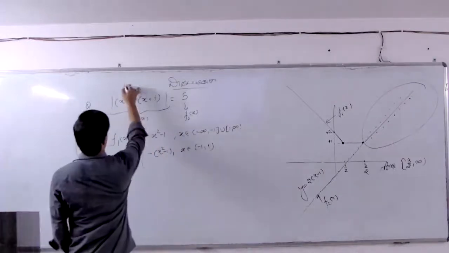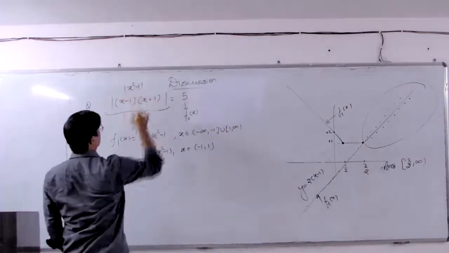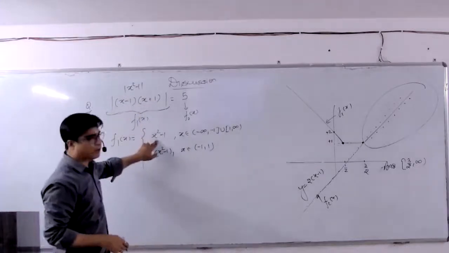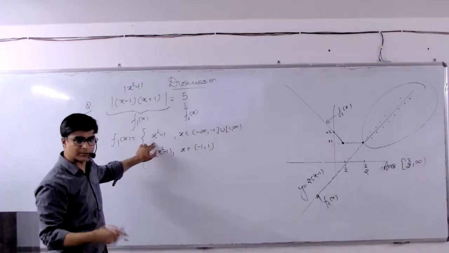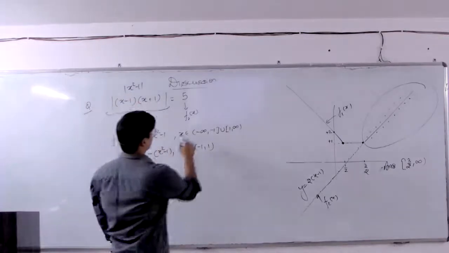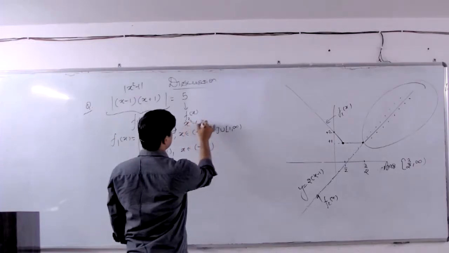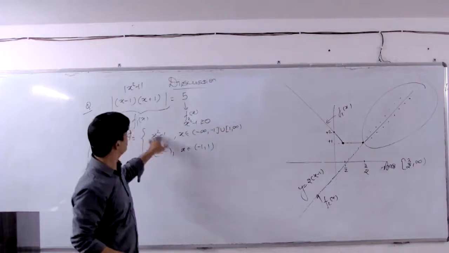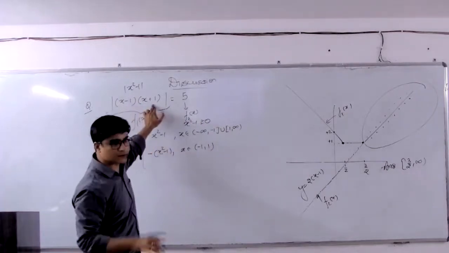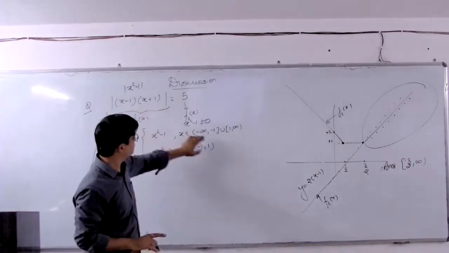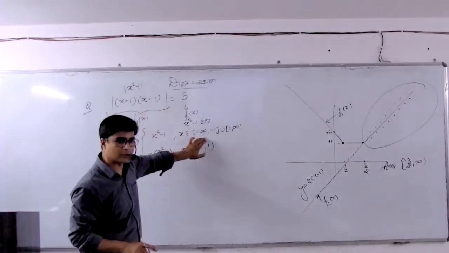See, this is nothing but mod of x square minus 1. We open the mod with the same sign whenever x square minus 1 is positive, that is, whenever x square minus 1 is greater than or equal to 0. That means (x minus 1) into (x plus 1) is greater than or equal to 0; by the wavy curve method you will get this condition.